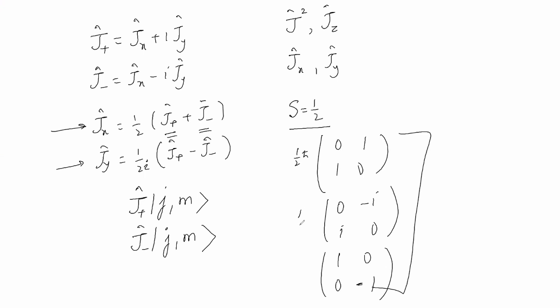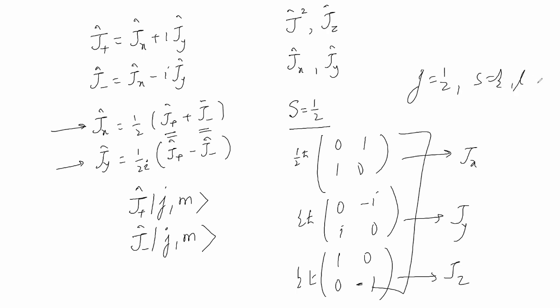Okay, and these we represent by Jx, Jy, and Jz. So therefore, we will see in the class that for j equal to half, which corresponds to S equal to half with L equal to 0, how does one obtain these Pauli spin matrices?